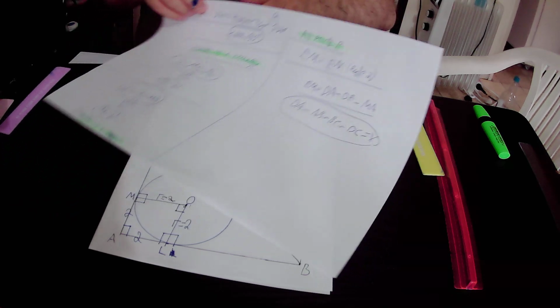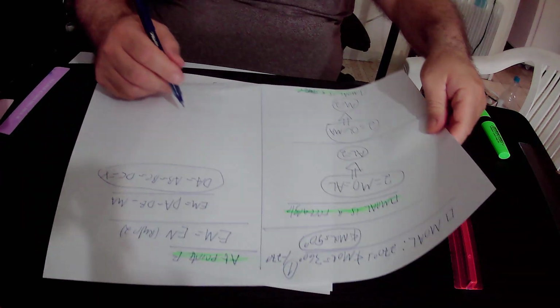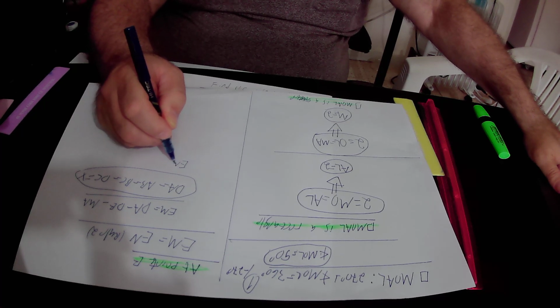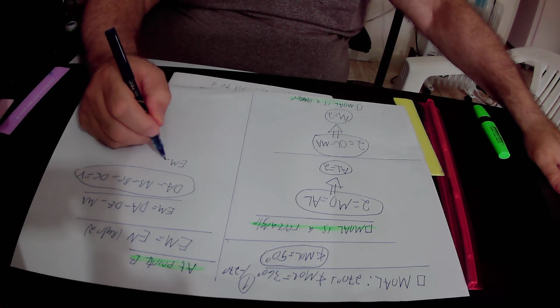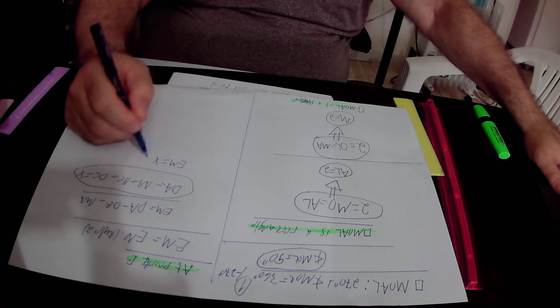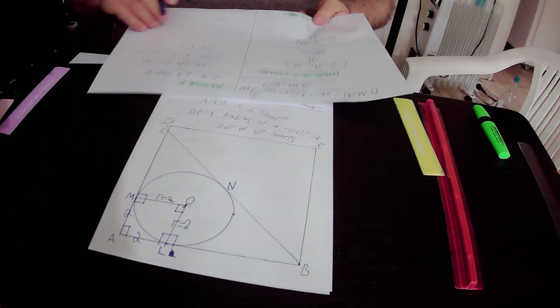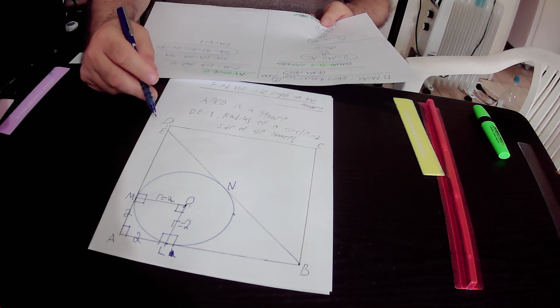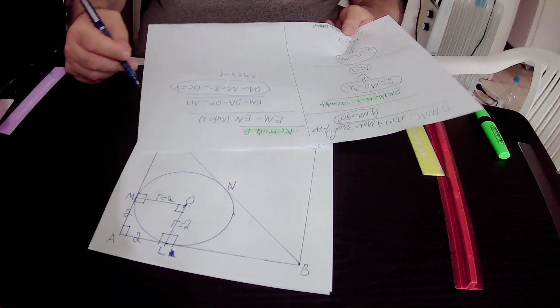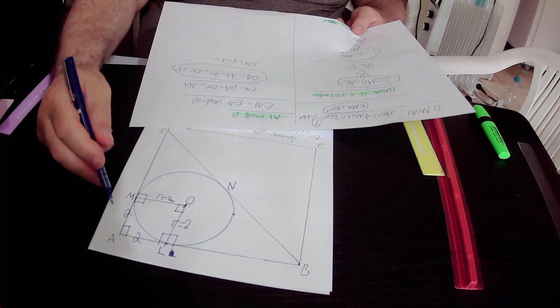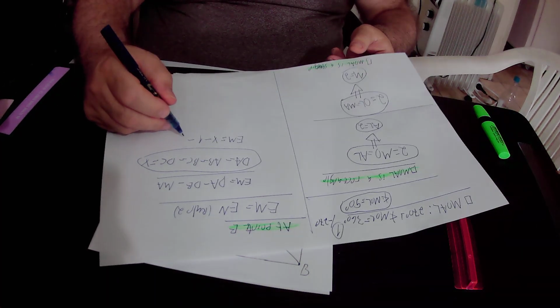So here we get that EM equals DA, that is x according to our definition, minus DE, which equals 1 unit according to what is given in the question, minus MA, which equals 2 units according to what we have already found out.